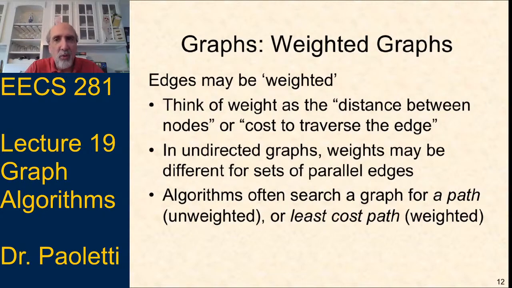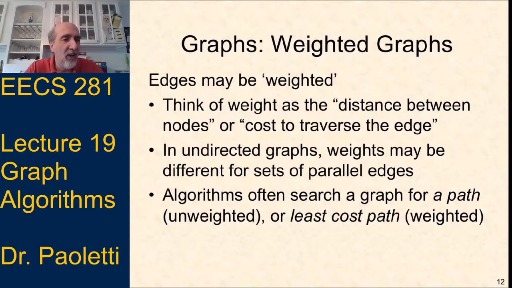And the term might depend upon the problem that we're trying to solve. So we might call it a distance, which could be miles or kilometers. And then we could say, we're trying to minimize the total distance.